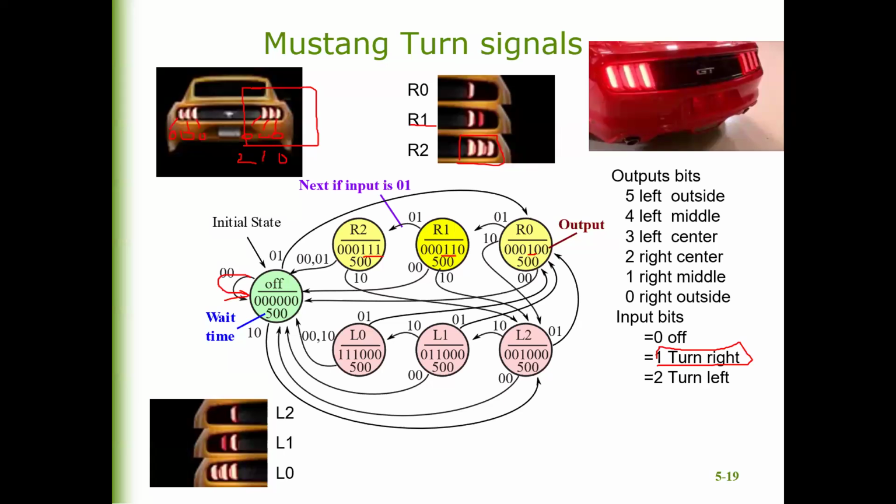And if we are still at turn right, then it will go to off, and then wait 500 milliseconds. If we're still turning right, it will just keep going in this loop until we turn it off, or turn it to the left, then it will jump to the other side, right? So, make sense?